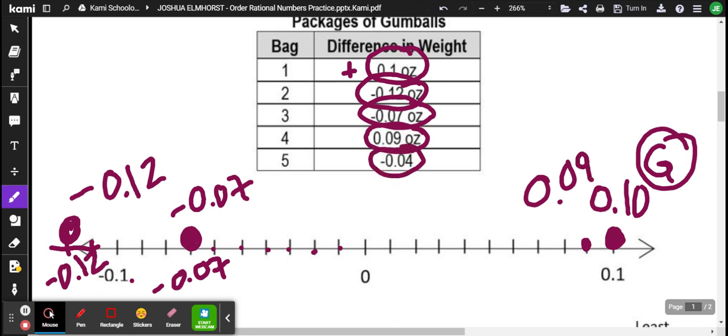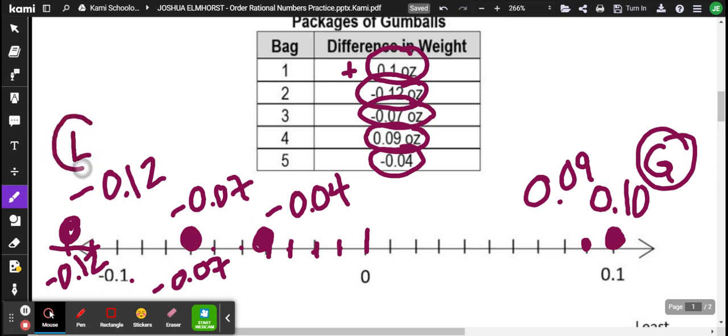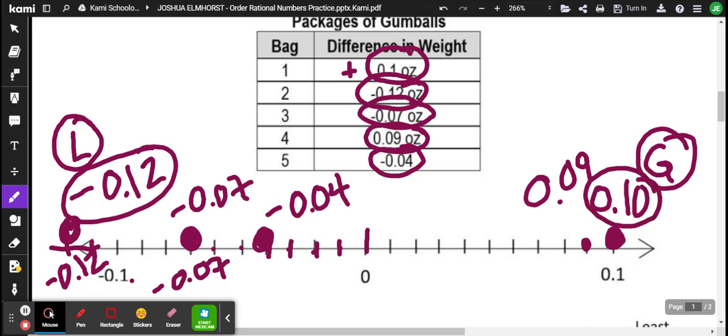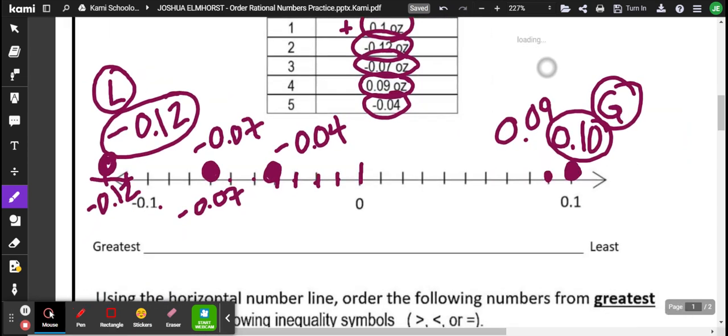And then we have negative 0.04. So we're going to go starting at 0, negative 1, 2, 3, 4, negative 4 hundredths. So on the left, this one's going to be our L, your biggest negative, and then your biggest positive is going to be 1/10 or 10 hundredths.